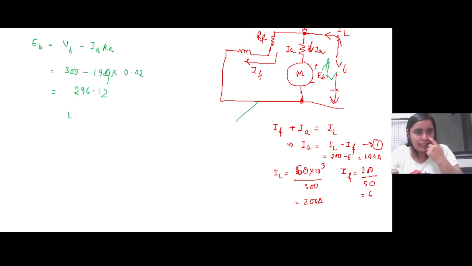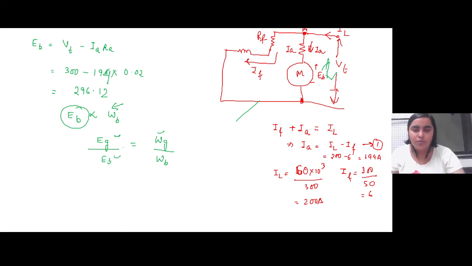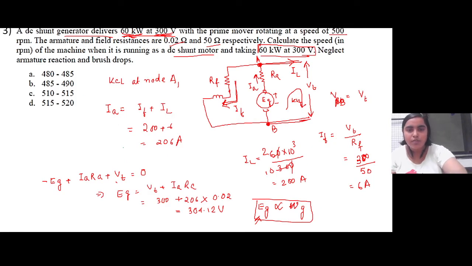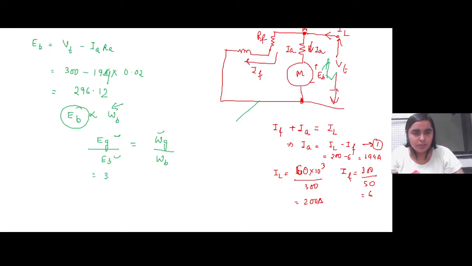Now we again have EB proportional to the motor speed, let this be WB. So in the generator case, EG is some constant into WG, and in the second case EB is again proportional to WB. We have these three values, so we can calculate WB, right? From the previous case we have EG equal to 304.12, and EB is calculated as 296.12.